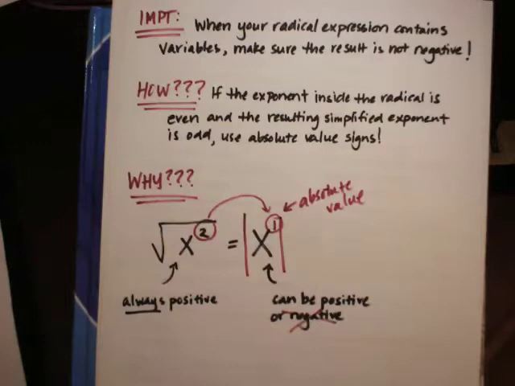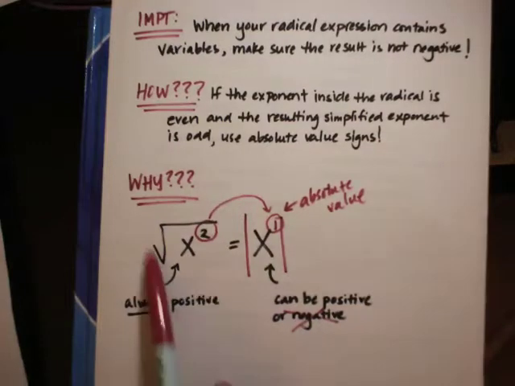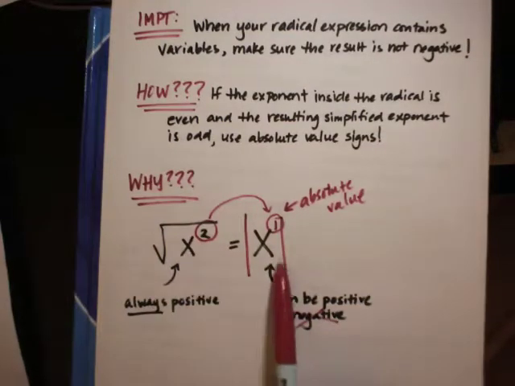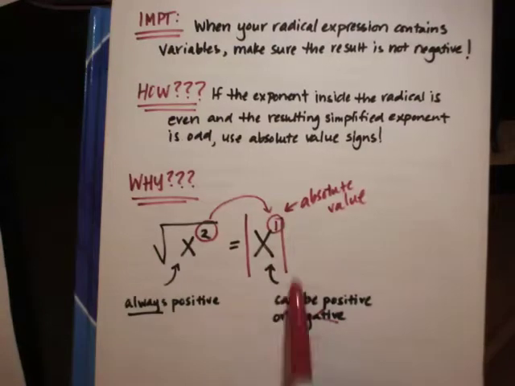So just remember, whenever you have an even exponent underneath the radical sign and it simplifies to an odd exponent outside, you're going to have to add in the absolute value bars.